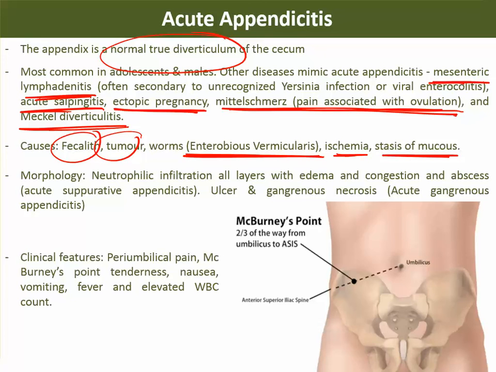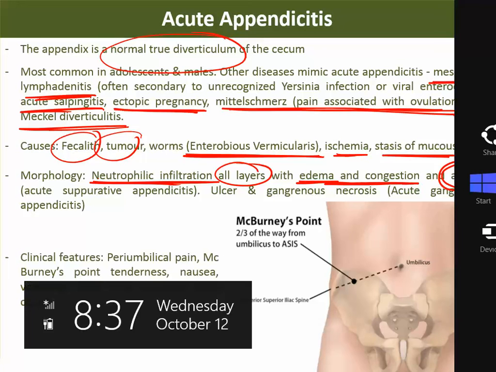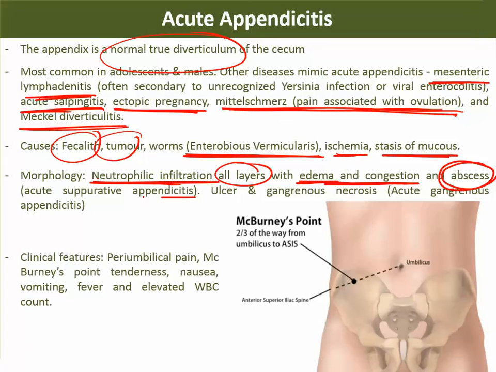If you see the morphology, all the layers of the appendix will be infiltrated with neutrophils, and there will be edema and congestion, which is a sign of acute inflammation. If abscess is formed, if pus is formed, then it is called acute suppurative appendicitis.